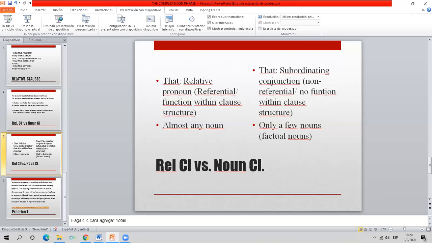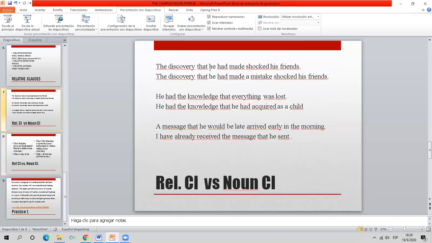The fact that you're here makes me happy. So let's see if this is true. The discovery that he had made shocked his friends. In the case of the relative, we have this relative pronoun here, and which is the function within the clause.